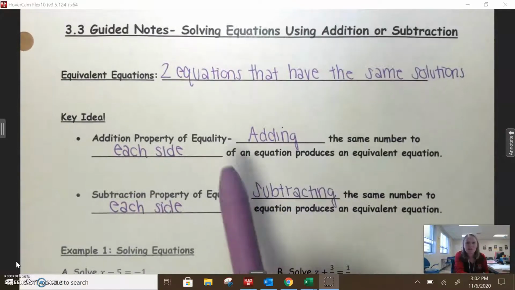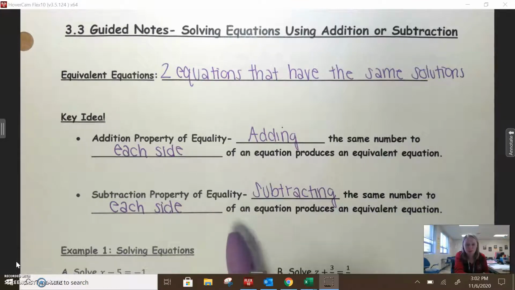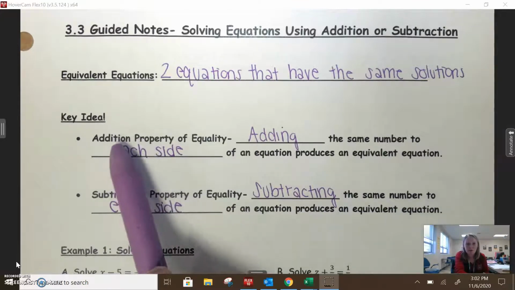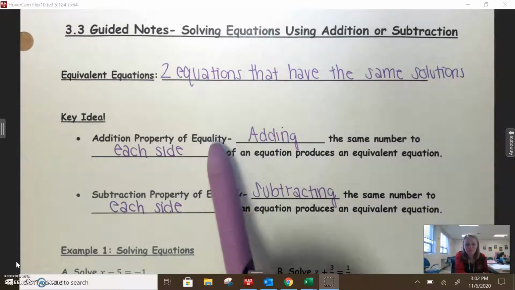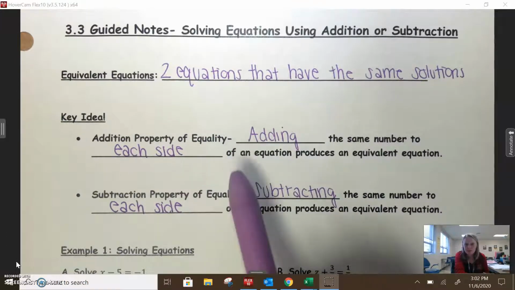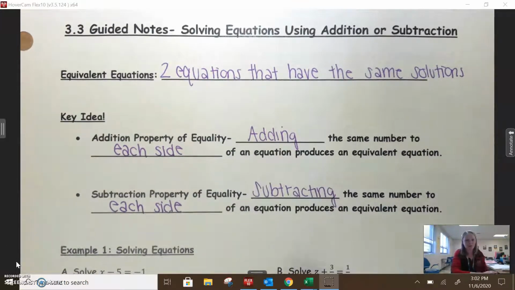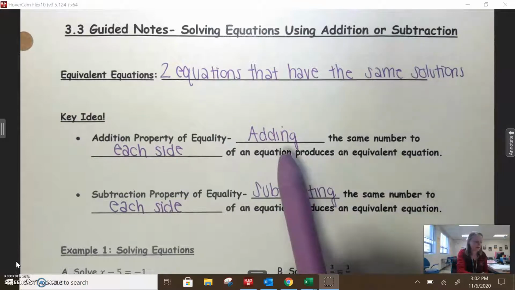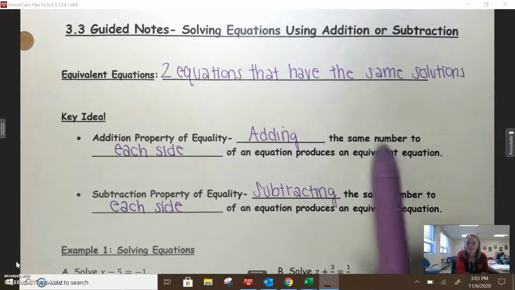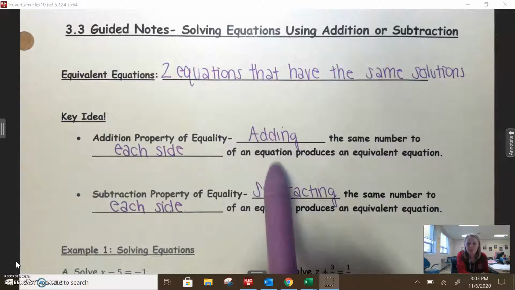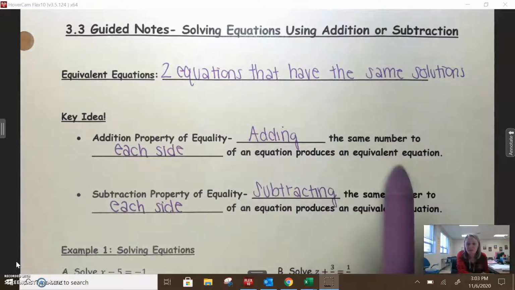The other key ideas here are the addition property of equality and the subtraction property of equality. If you think about it, addition and equality has the word equal in it. It's going to probably be involving addition and equaling something. So this is really just adding the same number to each side of an equation to produce an equivalent equation.